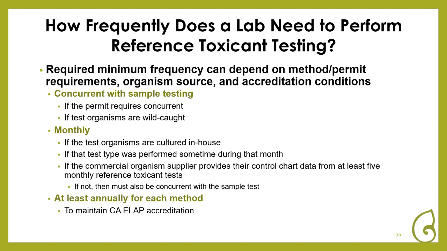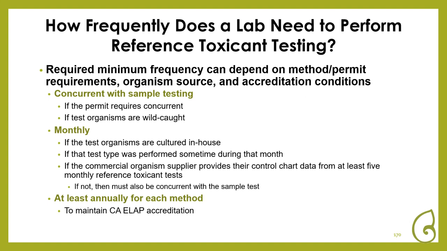They can be conducted monthly if the test organisms are cultured in-house, and or if that test type was performed by the lab sometime within that month. But if a test method is conducted only monthly or less frequently, a reference toxicant test must be performed concurrently with each effluent toxicity test.